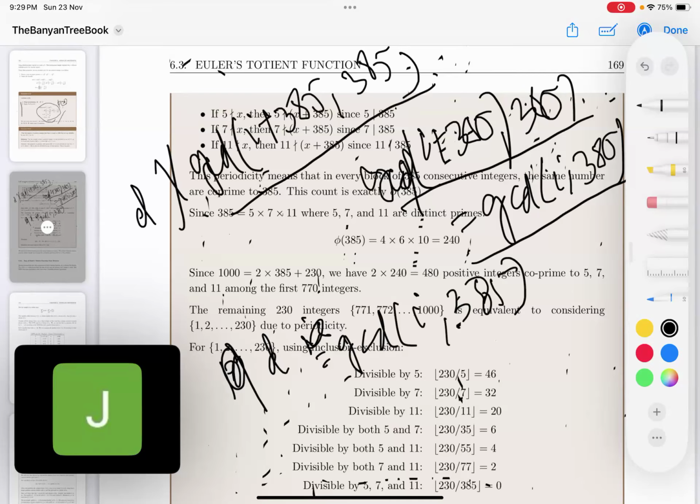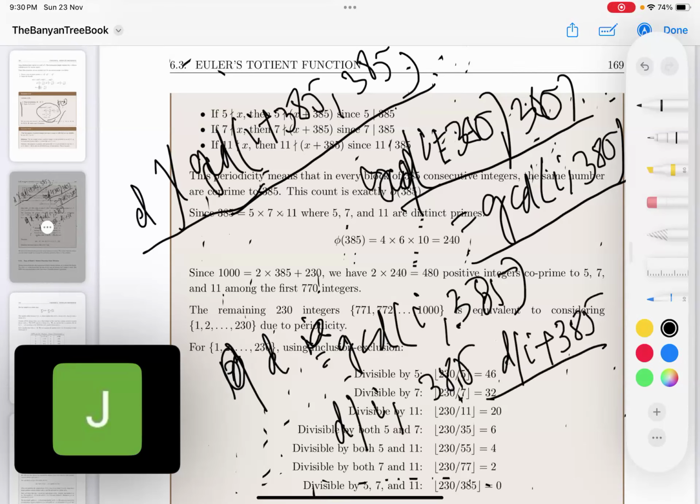Which means there must be some other D. Now we know that D divides I, D divides 385, which means D divides I plus 385.